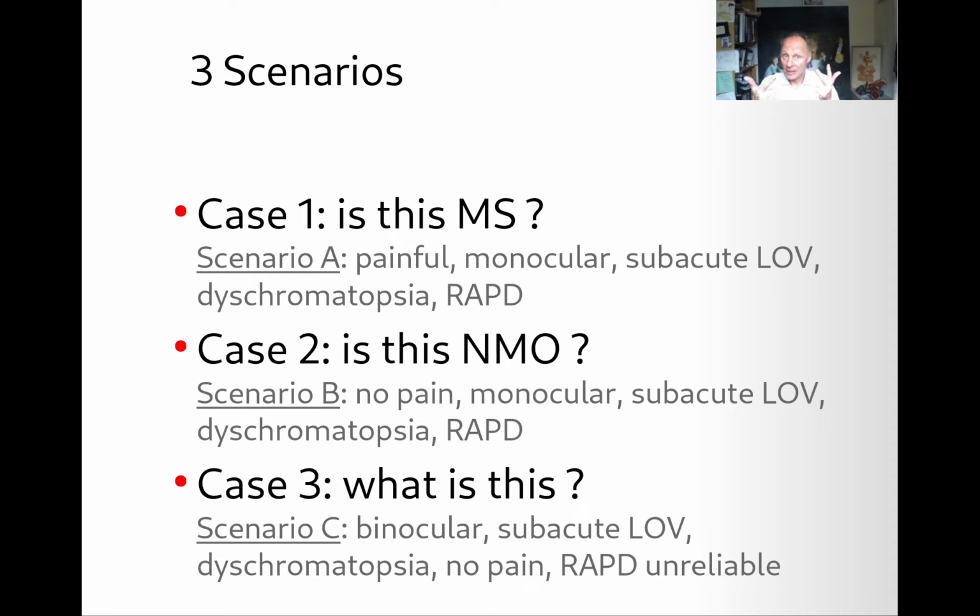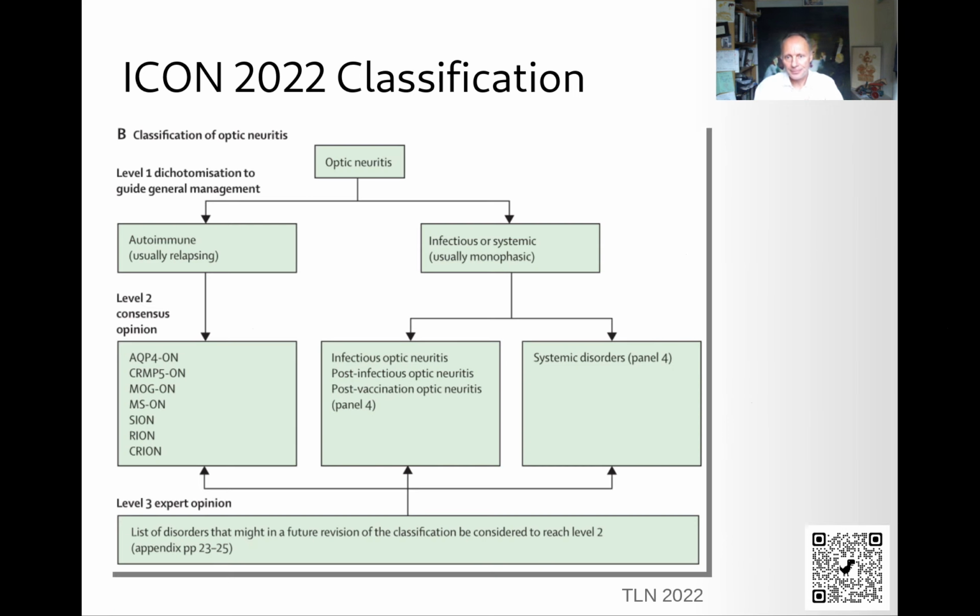Scenario B, the second case, no pain. And scenario C, the third case, binocular, and that case had a post-infectious optic neuritis following an infection with dengue fever.